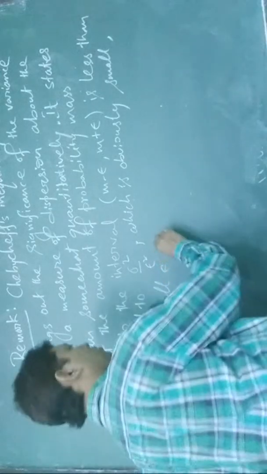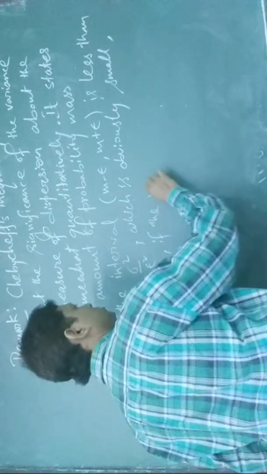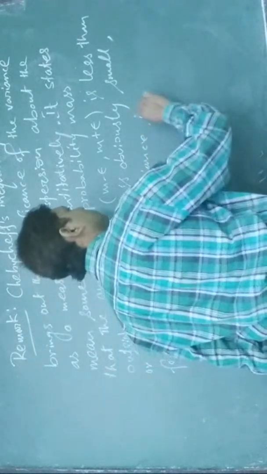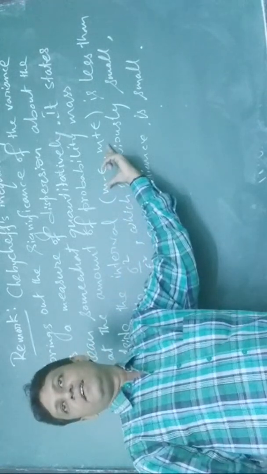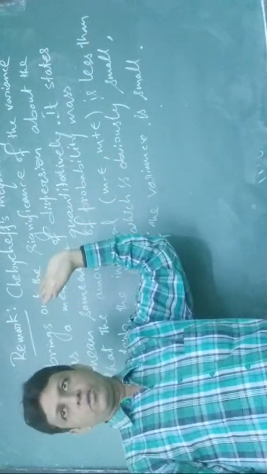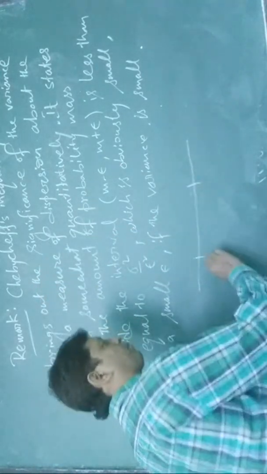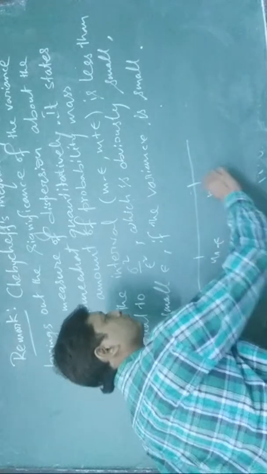If the variance is small, that means the maximum part of the probability mass lies in this interval. Outside it there is a very small amount; the maximum concentration of probability mass is here.